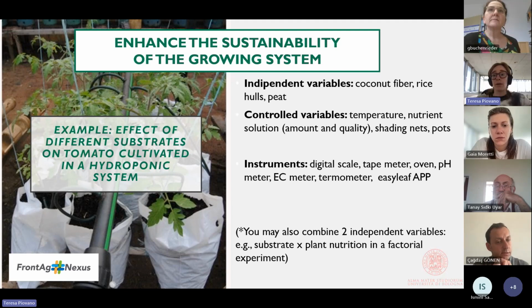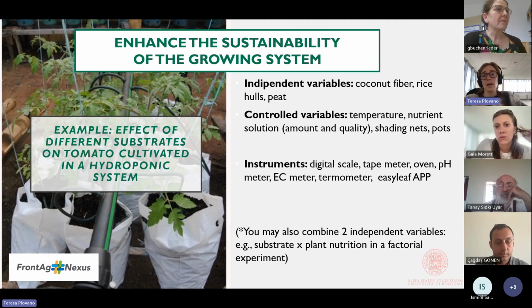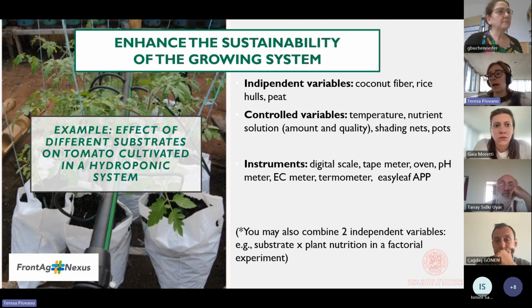In this case, I provide you an example of an experiment that analyzes one single independent variable, that is the substrate. It's also possible to combine different independent variables that I'm going to analyze during my experiment, like for example, I don't know, substrate and different solutions in my hydroponic system. So this is just an example.